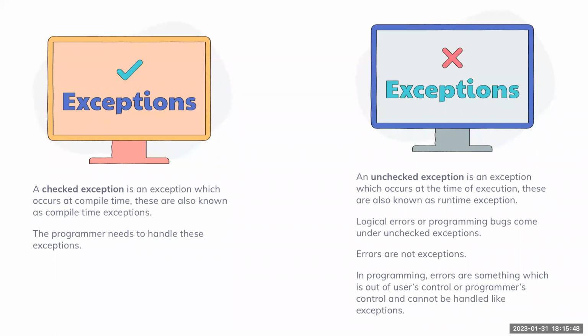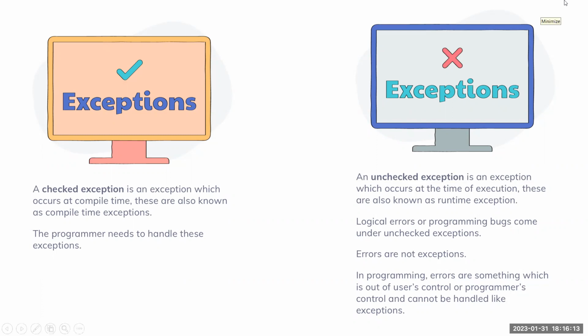But nowadays we use IDEs, which give you the exception immediately as you write the code, and you can correct it. So we are good with checked exceptions. Mostly syntactical errors happen in checked exceptions.